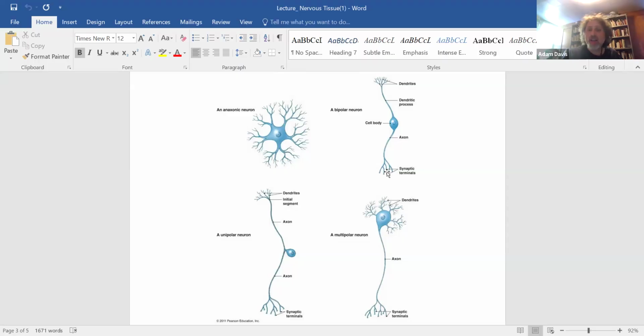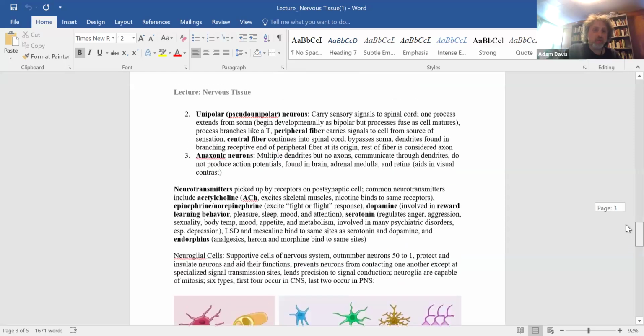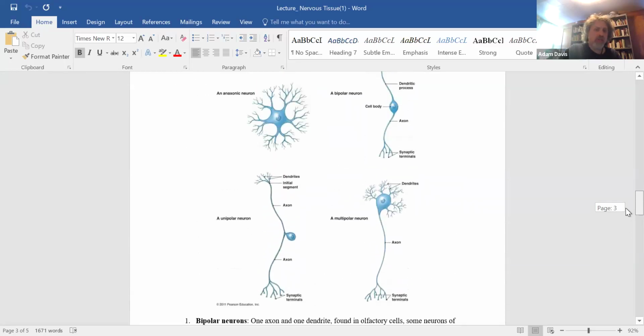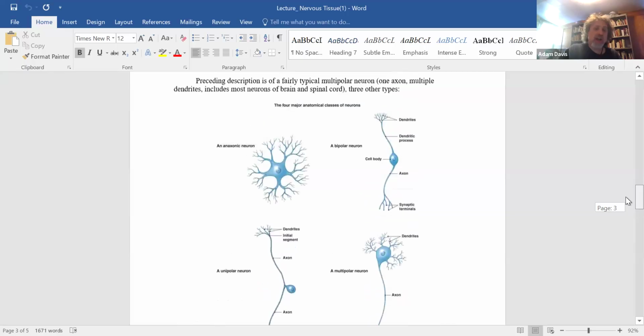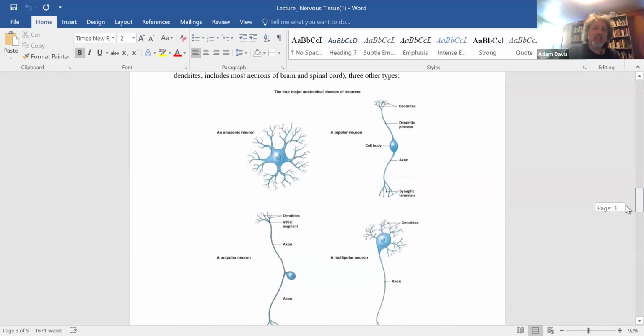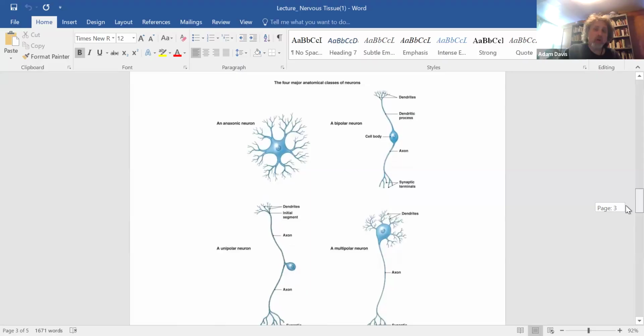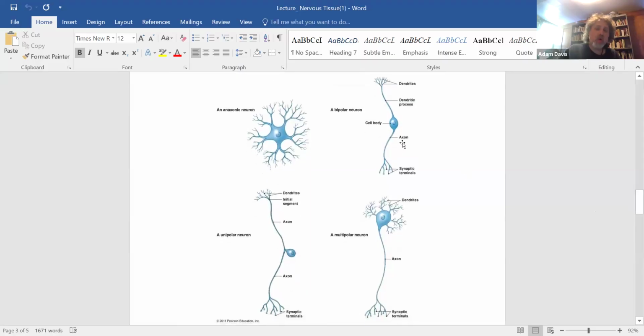Some limited areas involving the sense of hearing, and some limited areas associated with the retina of the eye. Those are the only places in the body that you're going to find bipolar neurons. So very, very limited involvement with the special senses of the head. Not a lot of places you're going to get those.